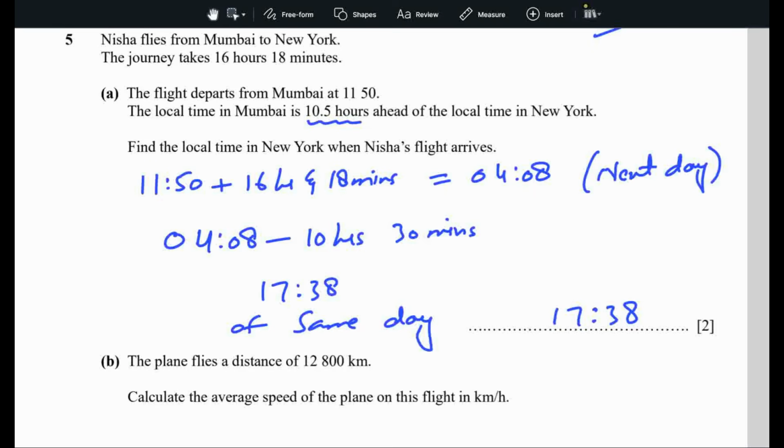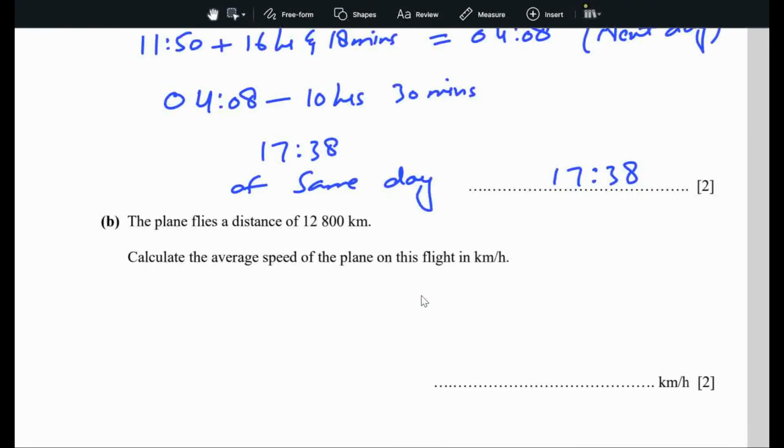Let's move to the B part. The plane flies a distance of 12,800 kilometers. Calculate the average speed of the flight. First of all, we have to find out the total time. So the total time will be equal to 16 hours and 18 minutes.